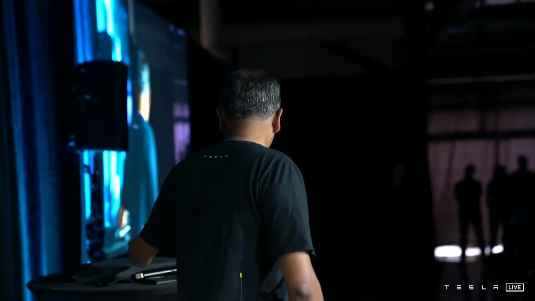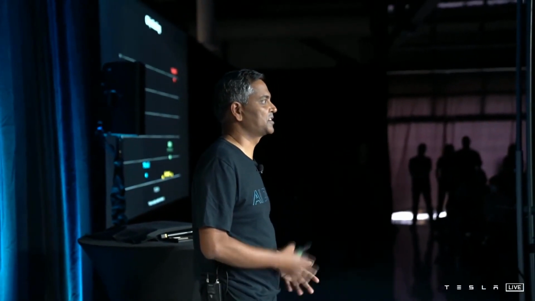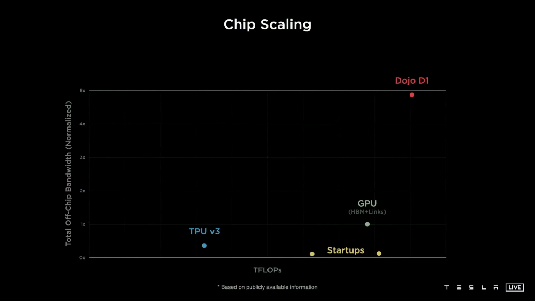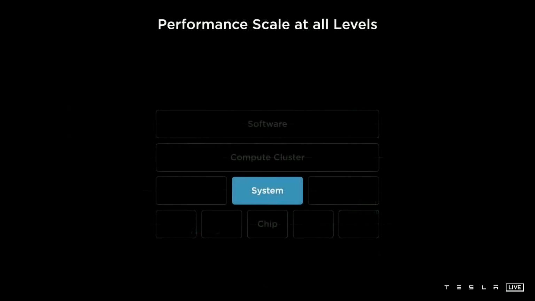If I were to plot the I/O bandwidth on the vertical scale versus teraflops of compute that is available in the state-of-the-art machine learning chips out there, including some of the startups, you can easily see why our design point excels beyond par. Now that we had this fundamental physical building block, how to design the system around it?